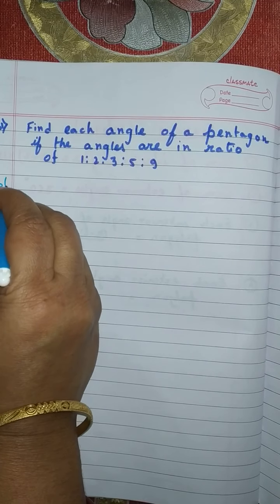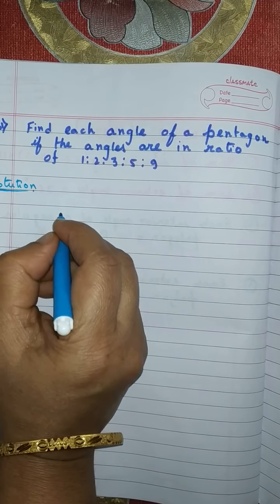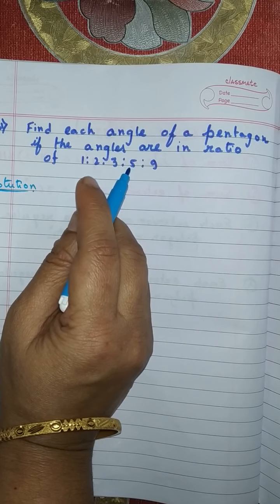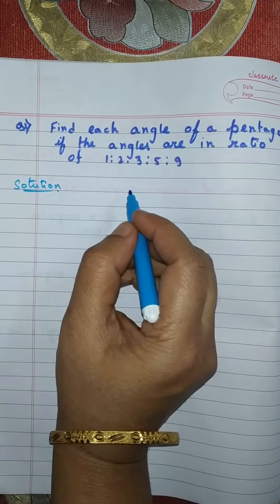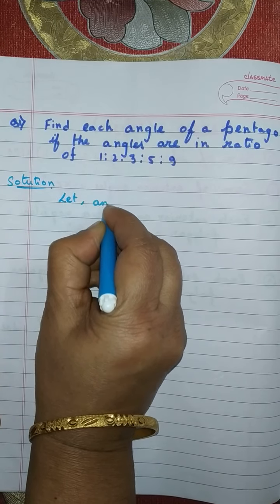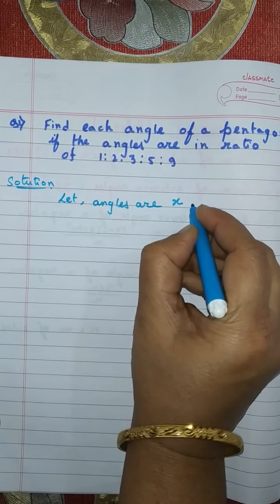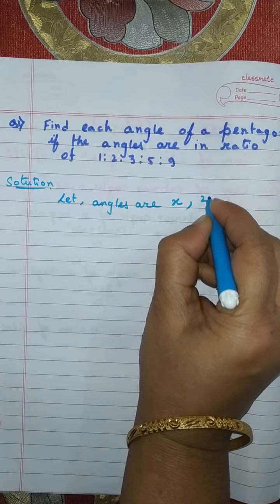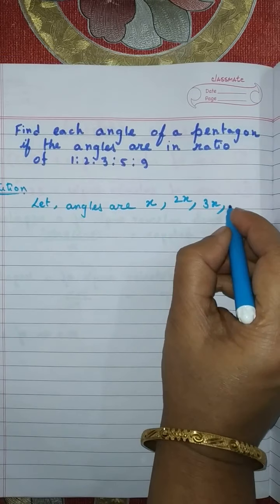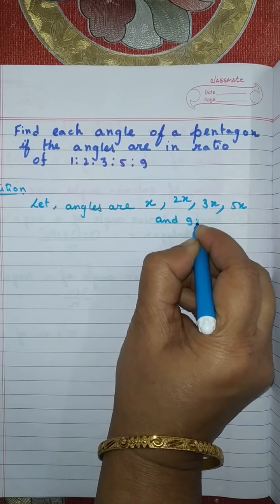So when angles are given in ratio, we assume that angles are 1x, इसको हम सिर्फ x लिख सकते हैं, 2x, 3x, 5x and 9x.